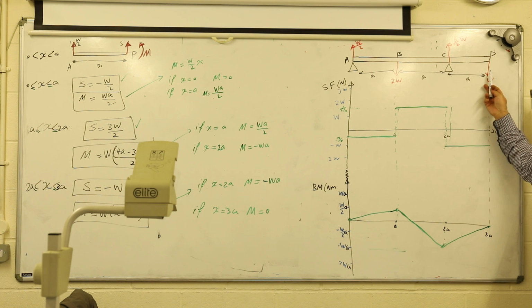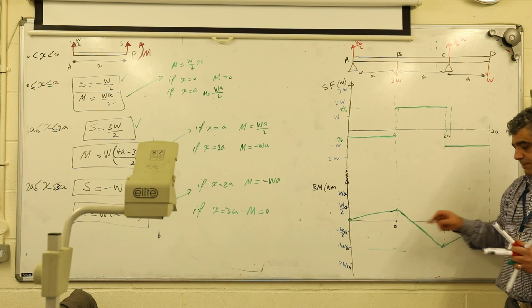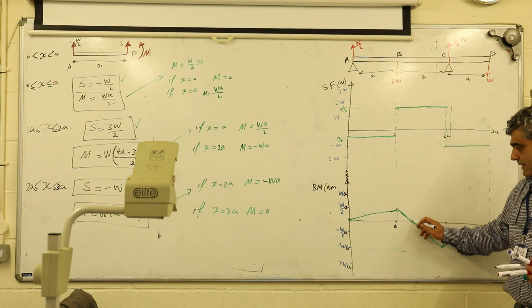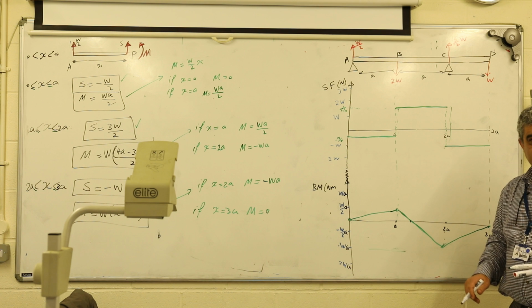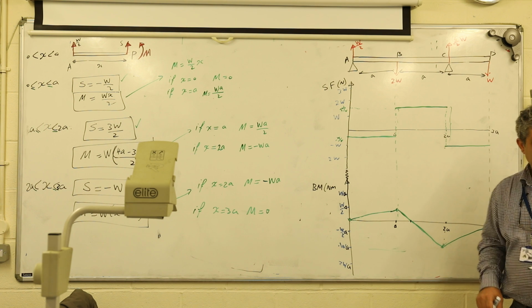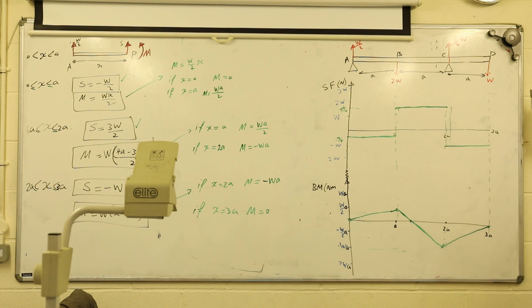Am I right? In reality, there wouldn't be a bend here. My question to you, where is the zero bending? There is some bending here, but this place would be a zero bending. Where is it going to be? Between B and C, I know, probably. Okay, where is it exactly in terms of the distance along the beam?